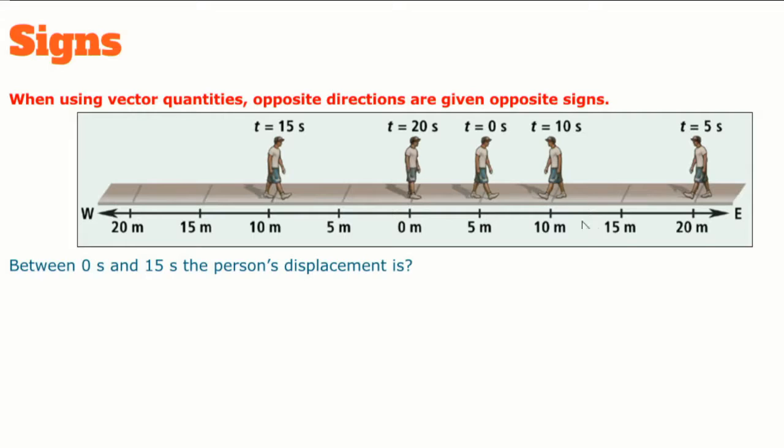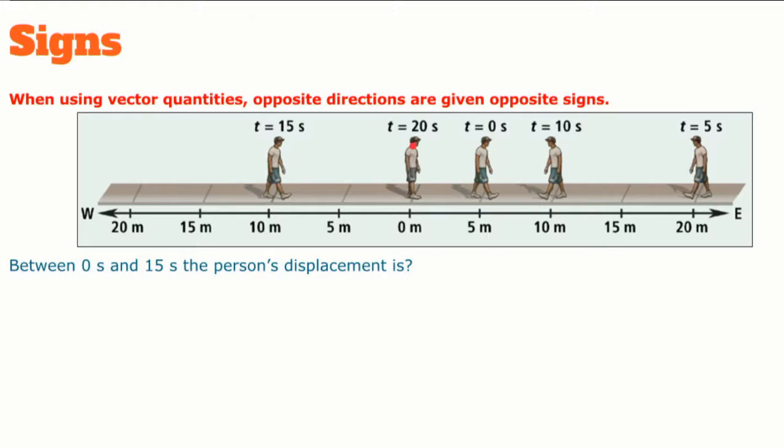In the first 5 seconds, he went to this 20 meter mark, and then at 10 seconds, he's here. And then at 15 seconds, he's way over here. And then at 20 seconds, he's back here again. Use my little laser pointer. All right, so from 0 to 5 to 10 to 15 to 20. Kind of a weird scenario.